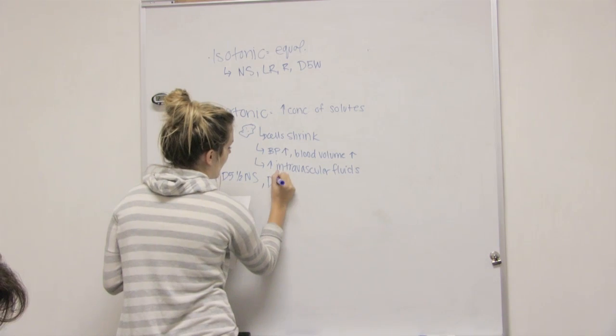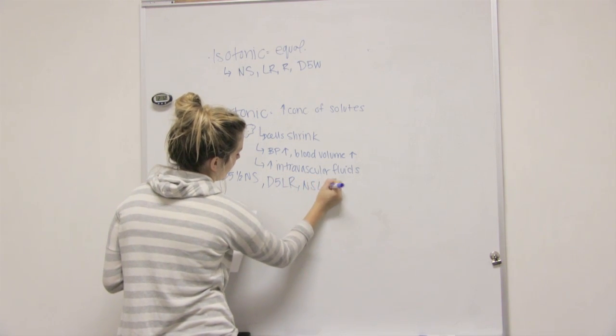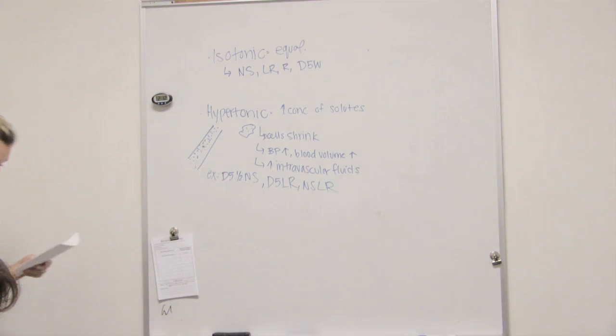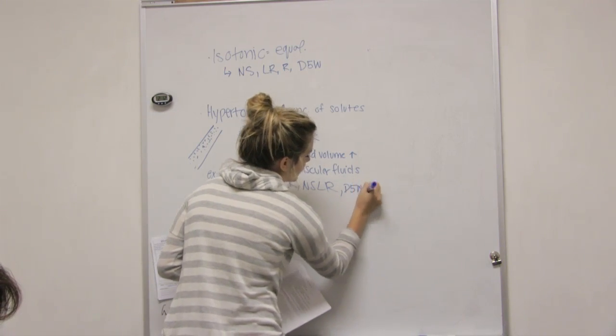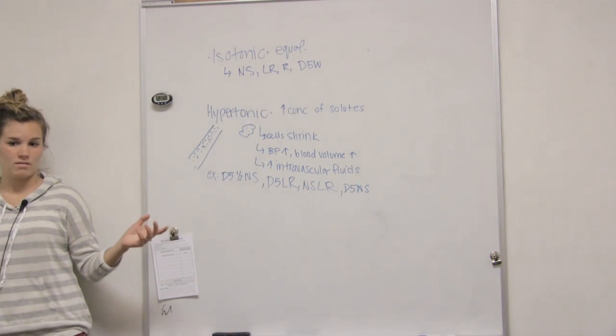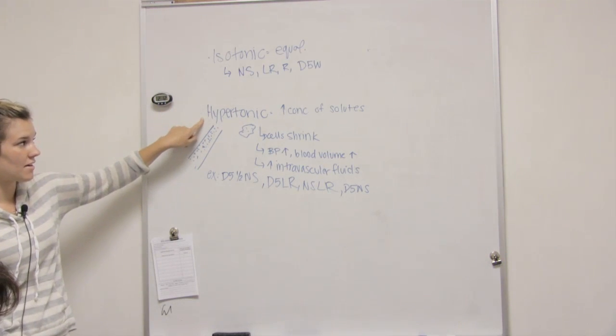D5 LR is also that, and then NS LR, and also D5 NS. Does that make sense how you can differentiate? Because you have two of these combined, the concentration is going to be higher, so it's hypertonic.